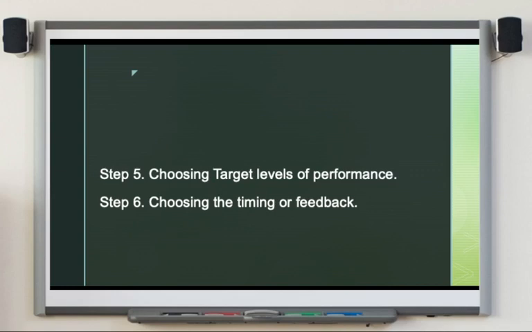And the last step is to choose the timing of feedback. And that is setting a standard of when you need to receive the feedback, either to the top management or the middle management.